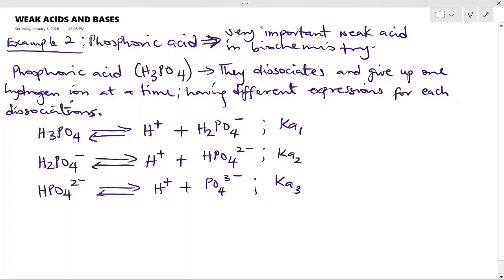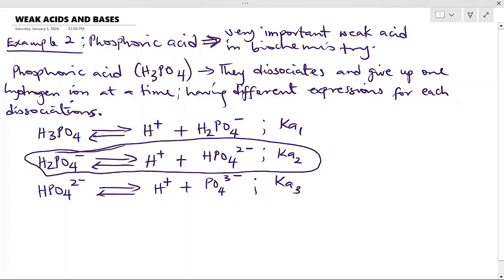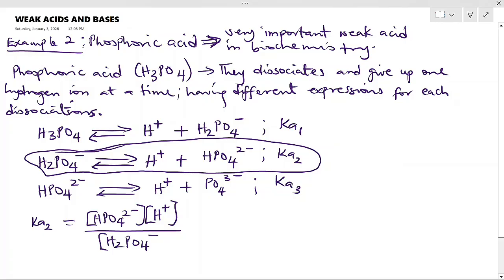So looking at the acid dissociation constant of the second reaction, Ka2 will give us the product of the reaction, which is the concentration of HPO4 2 minus times H plus, over the concentration of the reactant, which is H2PO4 minus, and that gives a dissociation constant number of 1.38 times 10 raised to power minus 7.